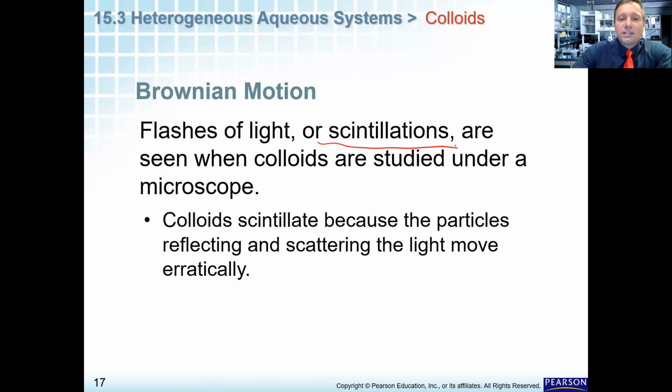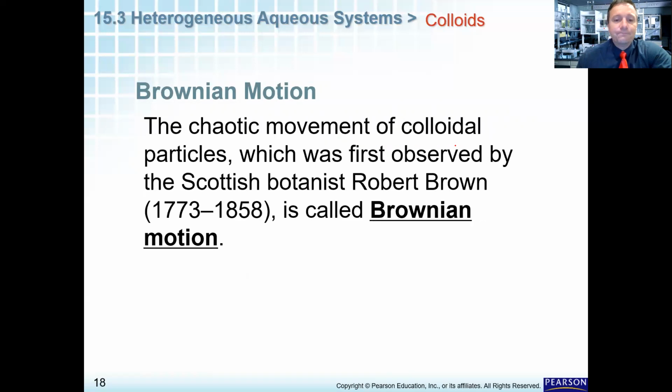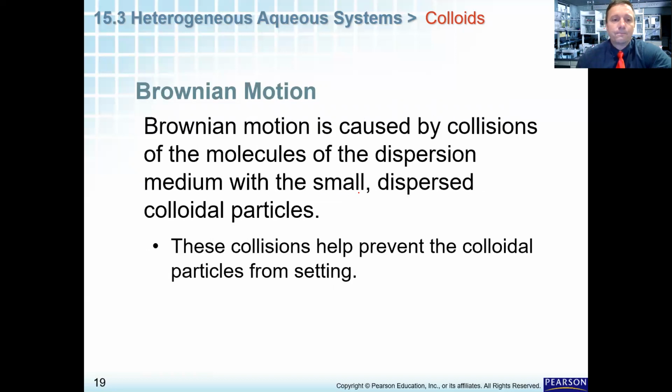So colloids scintillate because the particles are reflecting and scattering the light, and they move erratically. It was discovered by a scientist, actually a botanist who works with plants, Robert Brown, hence Brownian motion. I'm not interested in you knowing the dates or who invented it. Just understand the chaotic movement of colloidal particles is Brownian motion.